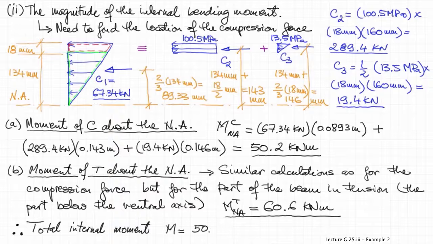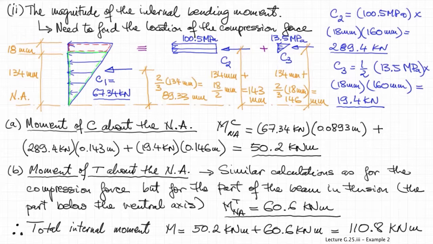So both moments due to C and T rotate counterclockwise, so the total moment across the section due to these forces will be equal to the sum of these moments, produced by C and T, so a total of 110.8 kilonewton meters. So you have to be careful, as you can see, with regard to the width of the section across which the stress block acts.